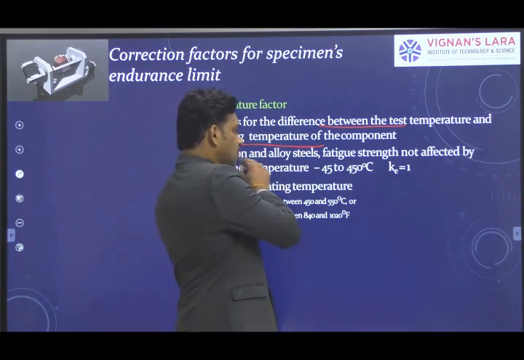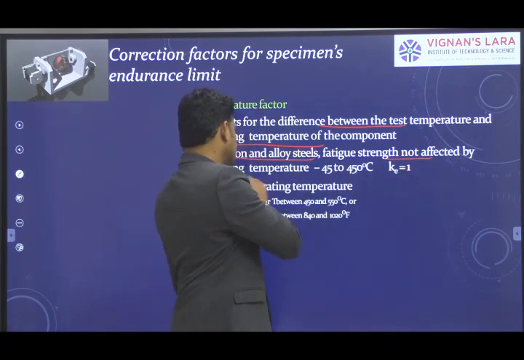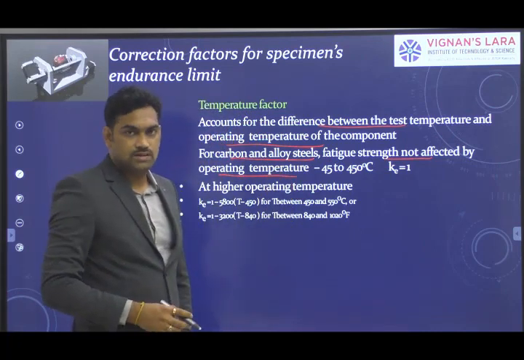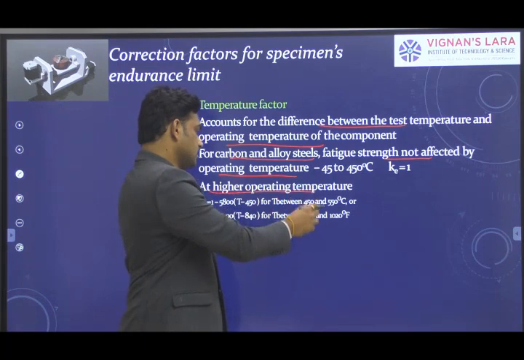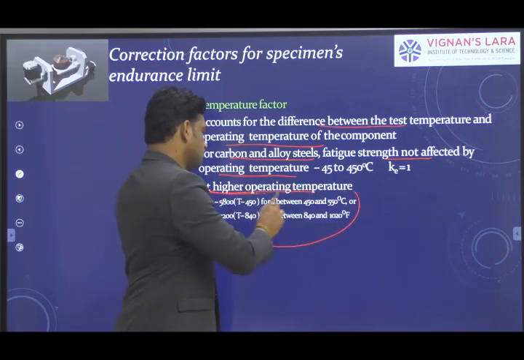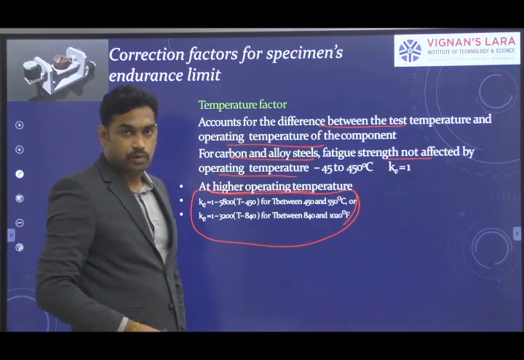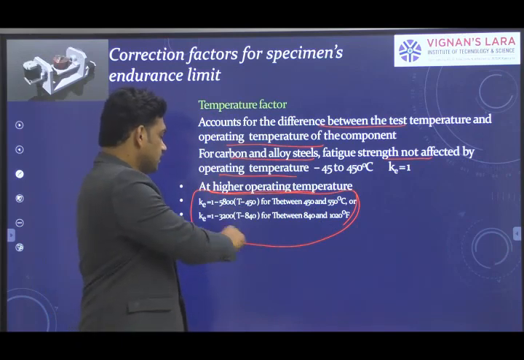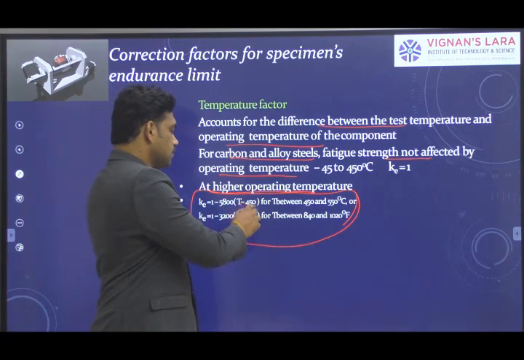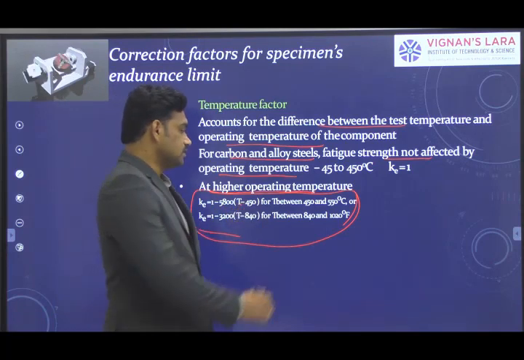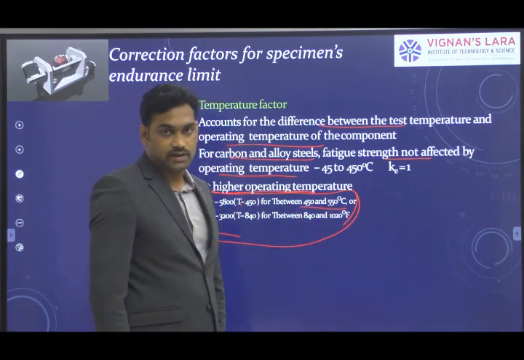But for common knowledge, the fatigue strength is not affected by operating temperatures, so this can be taken as 1. And at higher temperatures, it can be calculated using appropriate relations. K equal to 1 minus 5800 into (T minus 450), where T is the operating temperature between 450 to 550 degrees centigrade.